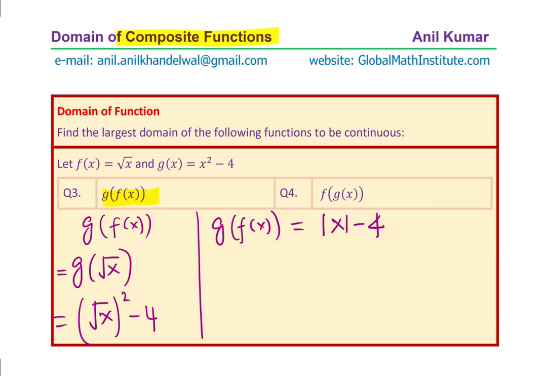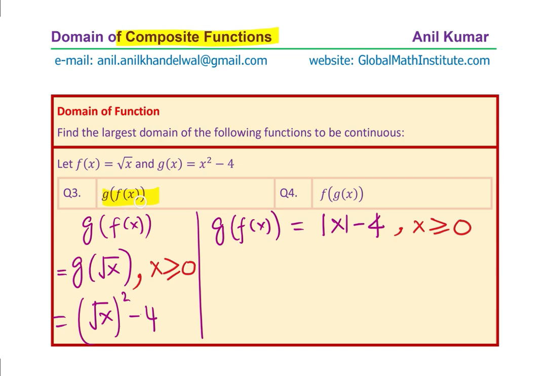And clearly, there is no restriction to the domain if you look into g of f of x. However, we know that the inside function requires x greater than or equal to 0. And therefore, this restriction prevails, and we need to write here that x is greater than or equal to 0. You get the idea.